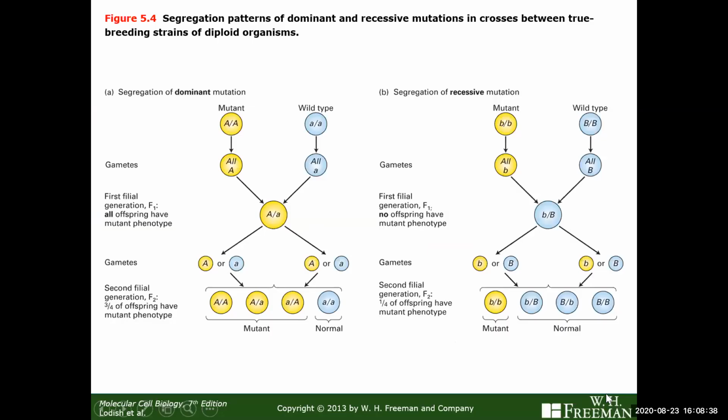Okay, so this kind of a cross of a mutant with a wild type, and observing the ratio of normal versus mutant, is a good test to examine if a particular allele is a dominant allele or a recessive allele.